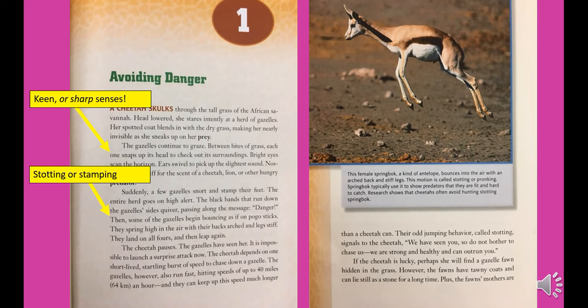The cheetah pauses. The gazelles have seen her. It is impossible to launch a surprise attack now. The cheetah depends on one short-lived, startling burst of speed to chase down a gazelle. The gazelles, however, also run fast, hitting speeds of up to 40 miles an hour, and they can keep up this speed much longer than a cheetah can.